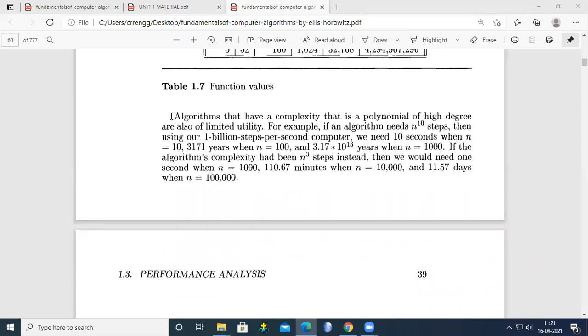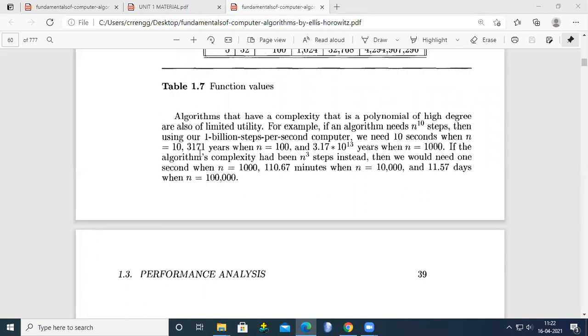Algorithms that have a complexity that is a polynomial of high degree are also of limited utility. For example, if an algorithm needs n power 10 steps, then using our 1 billion steps per second computer, we need 10 seconds when n equals 10. It takes 3171 years when n equals 100.